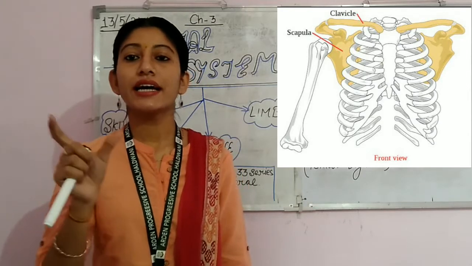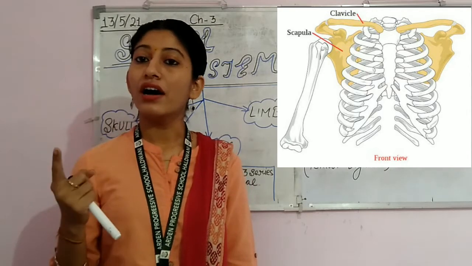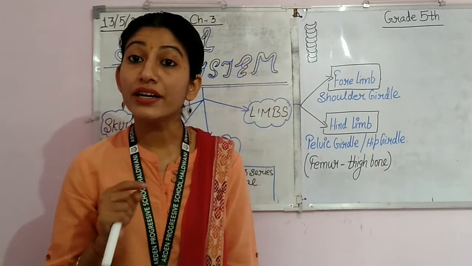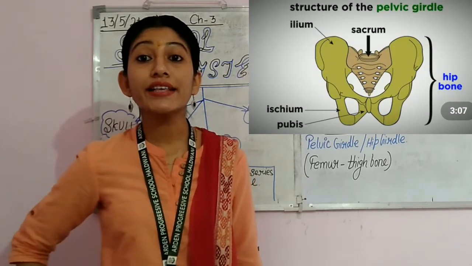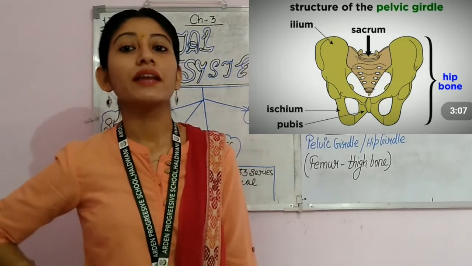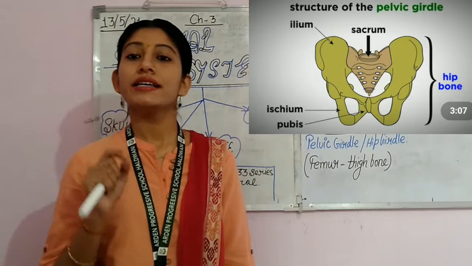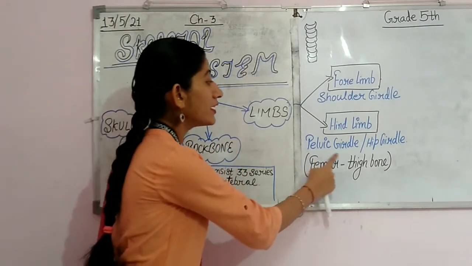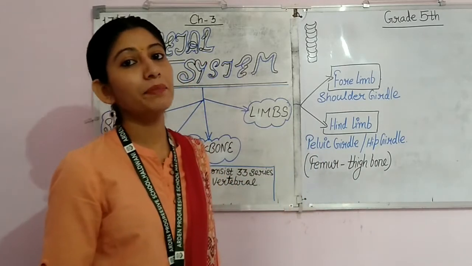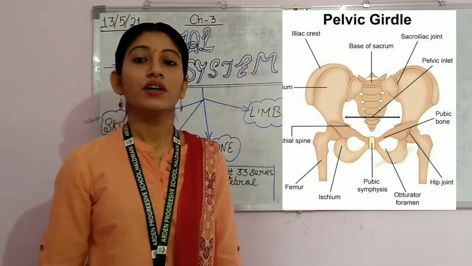And what is the role of the pelvic girdle? The pelvic girdle connects the legs to our spine. One more thing: the pelvic girdle is also known as the hip girdle.